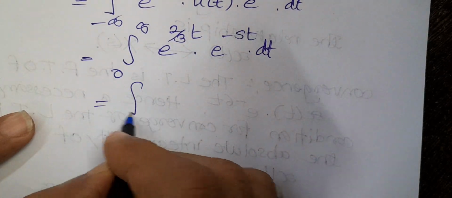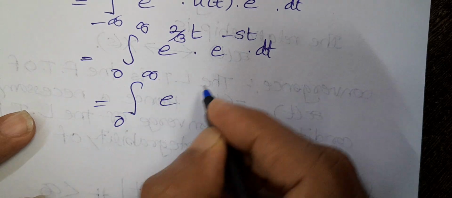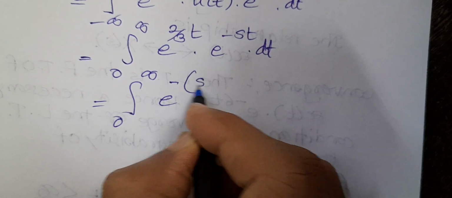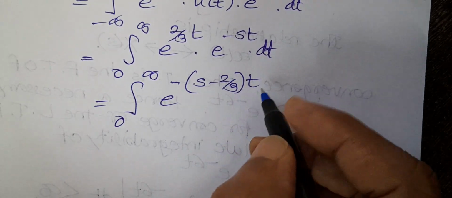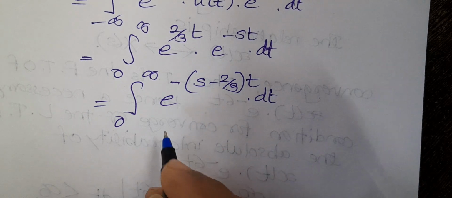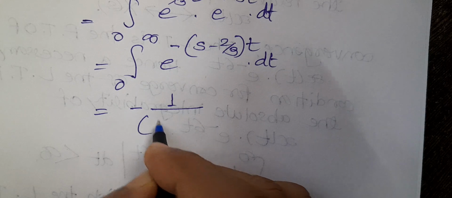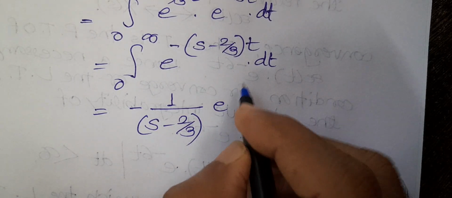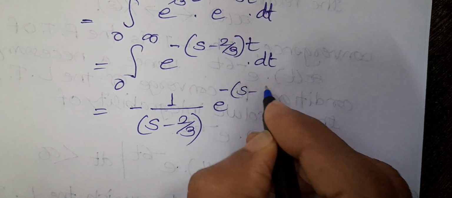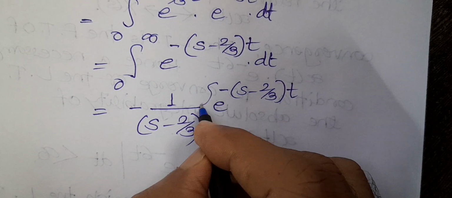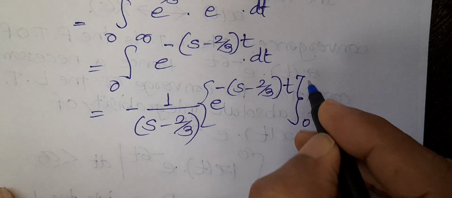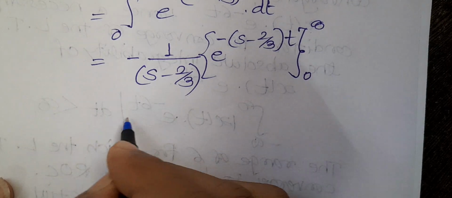And this we can also write as the integral from 0 to infinity of e raised to power minus (s minus 2 by 3) t dt. So the integration of this is minus 1 over s minus 2 by 3 into e raised to power minus (s minus 2 by 3) t, with the limit from 0 to infinity.